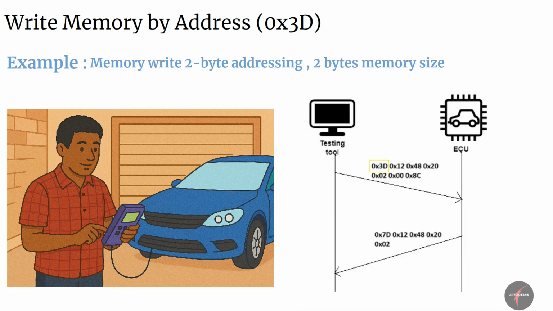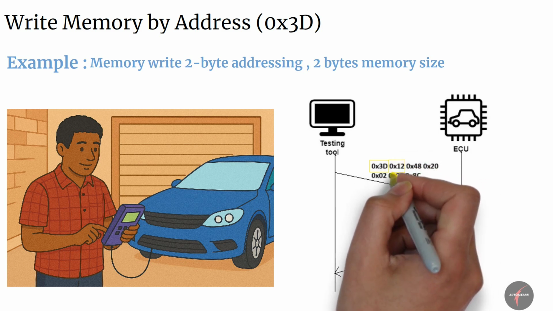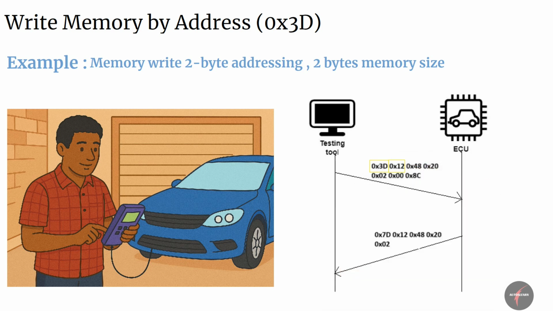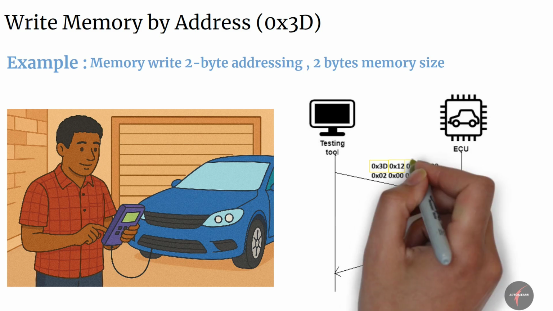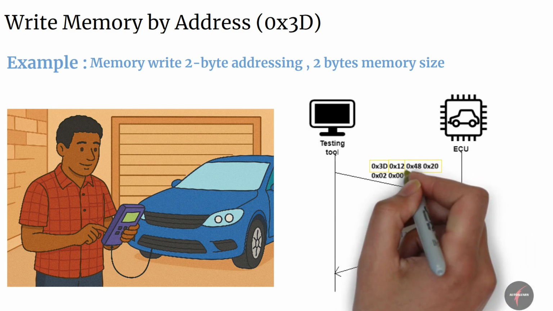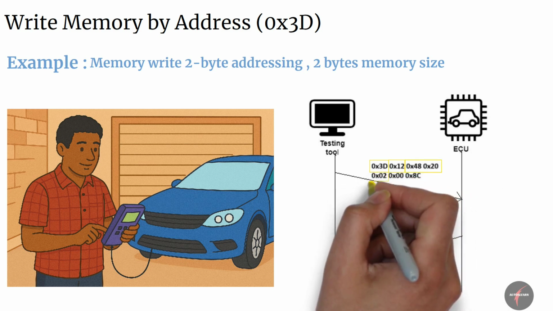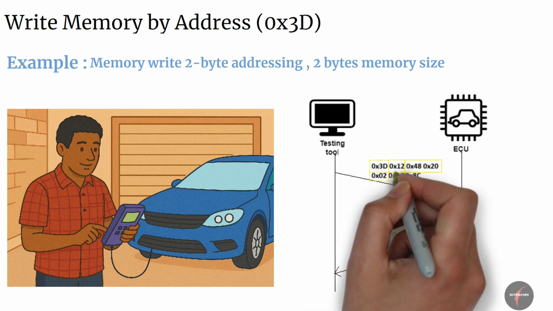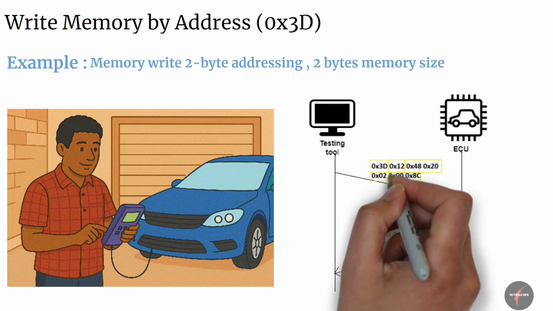The address and length format identifier is set to 0x12. Here, the value 1 specifies the length of the memory size and the value 2 specifies the length of the memory address. Next comes the memory address 4820, followed by the memory size 02, and finally the data record 8C.